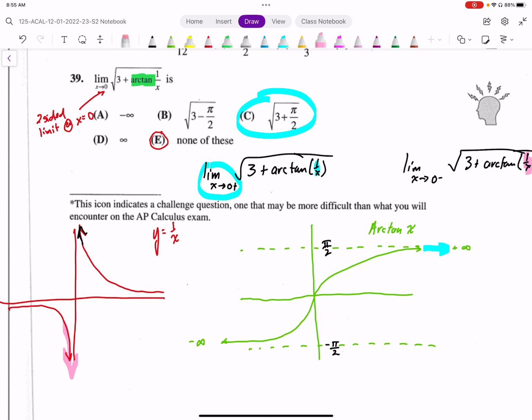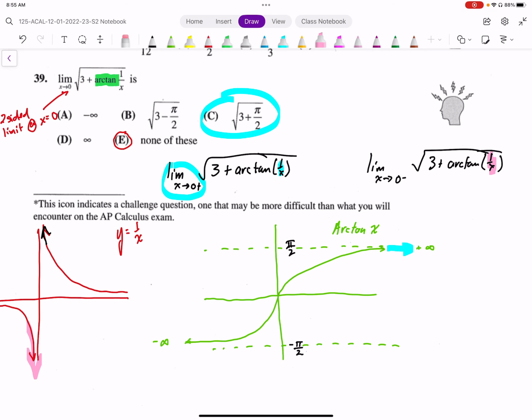That means we're doing the arctan of negative infinity, and as we approach negative infinity, we approach the arctan value of negative pi over 2. So the limit would end up being this one here. Heading to negative infinity, we'd end up with B. Positive infinity, we'd end up with C.